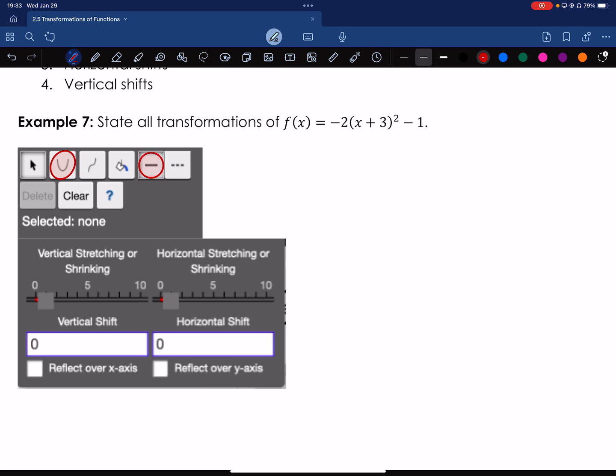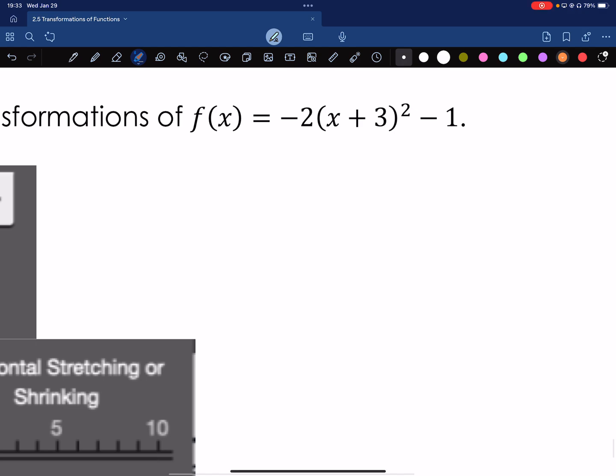Okay, so now there are 4 different transformations. Okay, so I'm going to color coordinate each transformation. The first one, we have this minus sign. Then we have this 2. We have this +3. And then lastly, we have that -1.